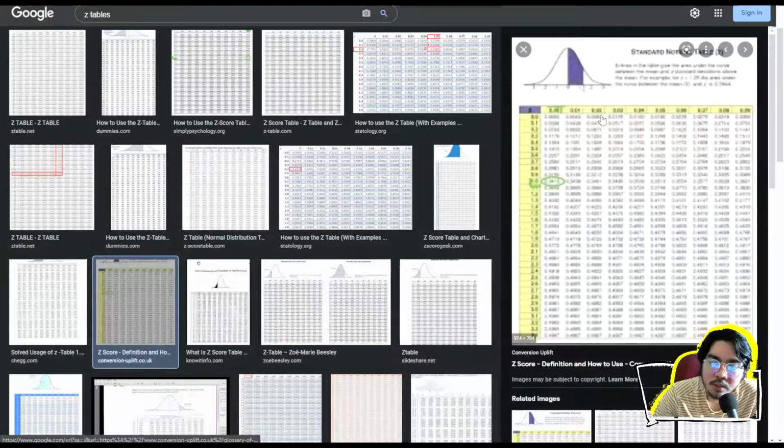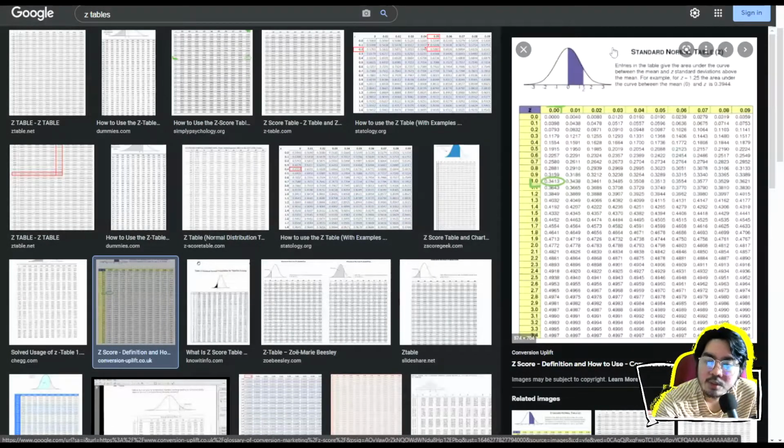And always look at the figure in Z tables. This Z table is measured from the center line up to the Z value. Personally, I like this type of Z table because it is symmetrical. So if what I am looking for is negative 1.2, I can just look for positive 1.2, and look at 0 to positive 1.2. For example, 0 to 1.2, here it is.